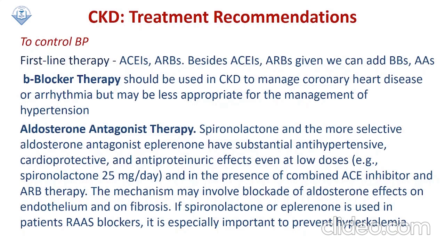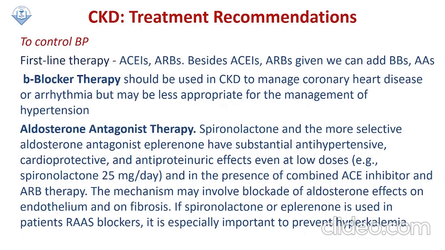as other medications. And we must be careful with aldosterone antagonist therapy, like spironolactone, like eplerenone, because they are firstly potassium sparing diuretics, and that means they increase the level of potassium. In late stages of chronic kidney disease, we don't use them. Only in early stage when potassium level is normal.